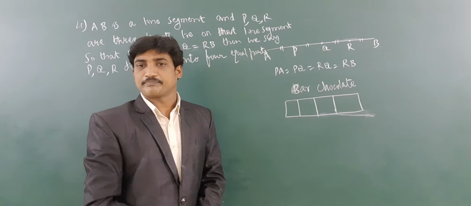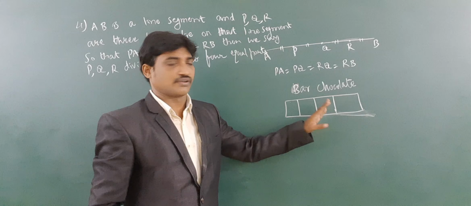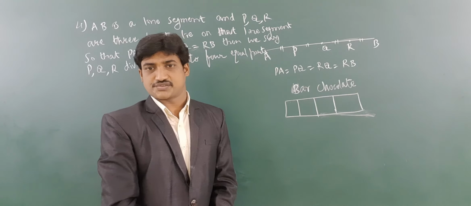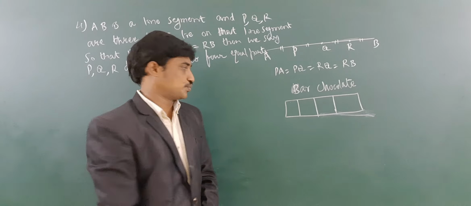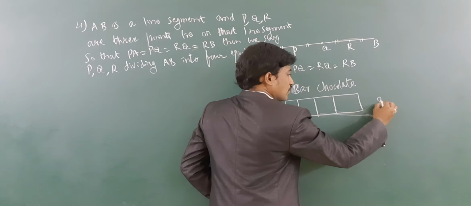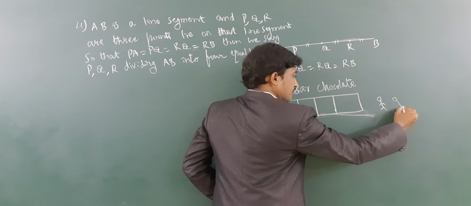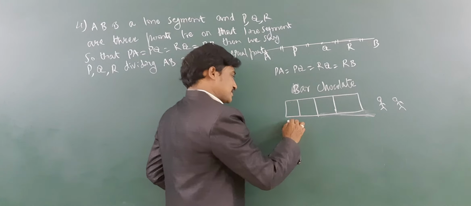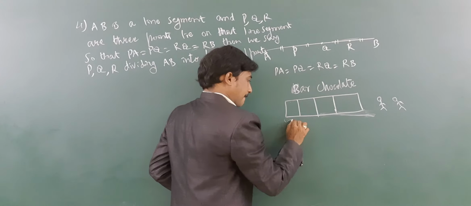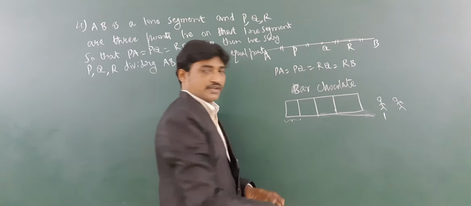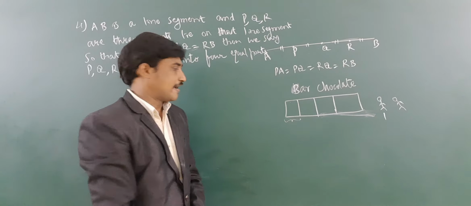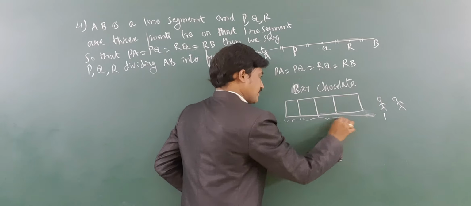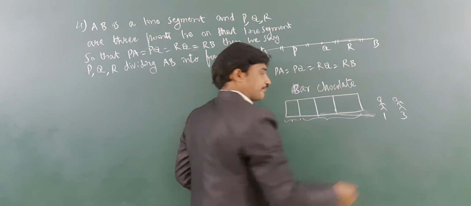We can divide these 4 pieces among 2 children in this manner. First part to the first person and the remaining 3 to the second person.